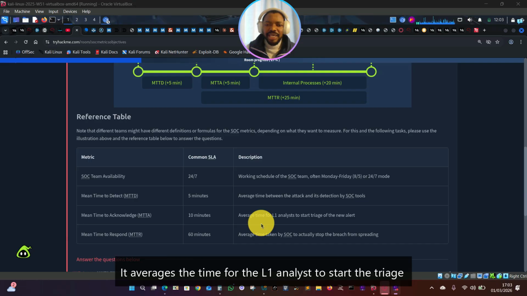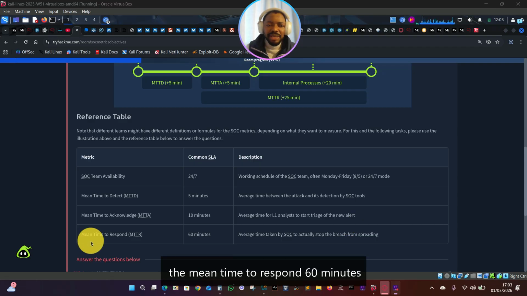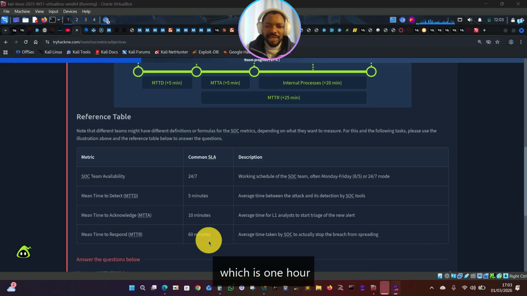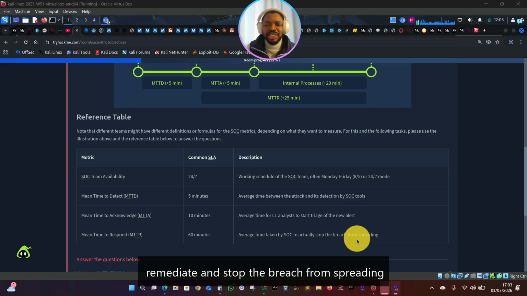The description: it averages the time for the L1 analyst to start the triage of the new alert. The last one, the mean time to respond, 60 minutes, which is 1 hour. It averages the time taken for the entire SOC team to actually remediate and stop the breach from spreading.